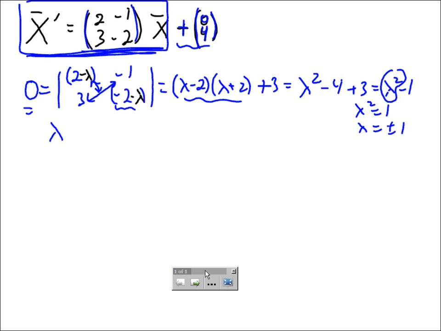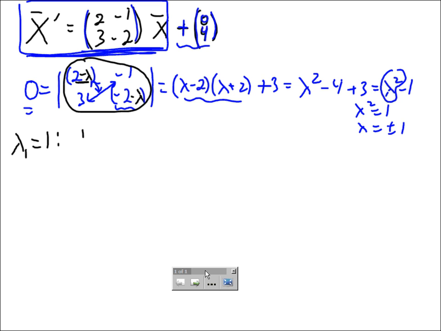Okay. So let's deal with the first lambda, which I'll call lambda 1, which is 1. Now we want to solve this matrix augmented with 0, except lambda is 1.